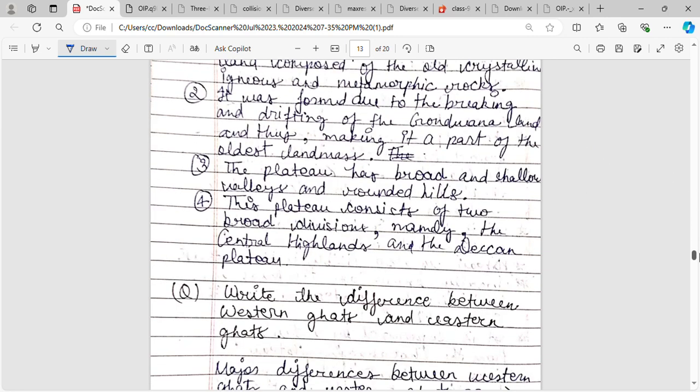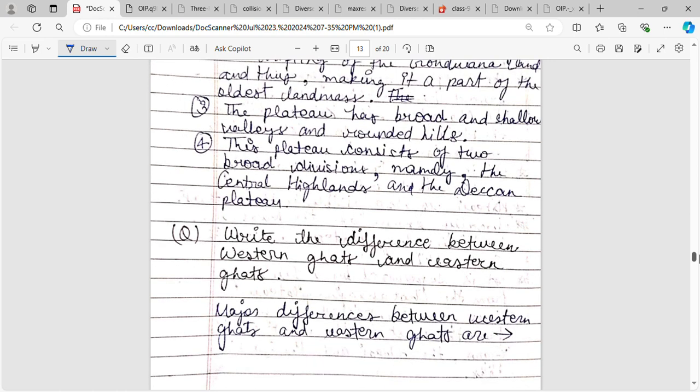Then it was formed due to the breaking and drifting of Gondwana land and thus making it a part of the oldest landmass. That point which I told you in the first question has come once again, that it was formed due to the breaking and drifting of Gondwana land, a part of the oldest landmass, which was Pangaea.